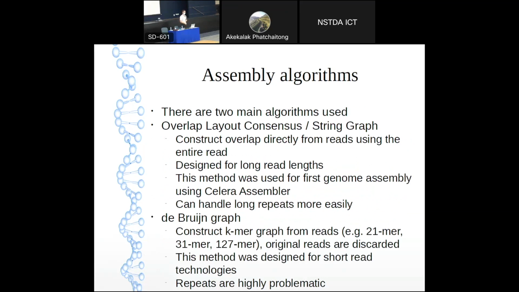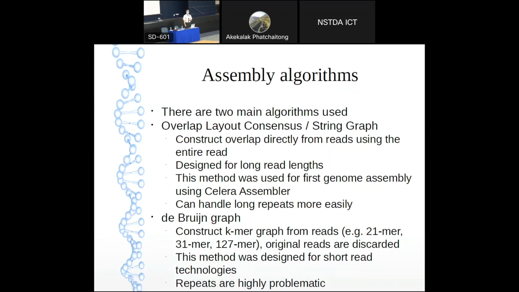Okay, so to do the actual assembly, there are two main algorithms that are used. There's overlap layout consensus and something called a De Bruijn graph. So overlap layout consensus, which we call OLC, the idea is to construct overlaps directly from the read using the entire read.